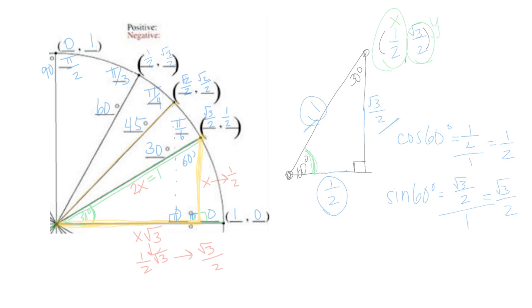Pretty cool. And that will actually happen every single time, because if you think about it, for all of these triangles, if the hypotenuse is 1, when you do cosine and when you do sine, the hypotenuse is always the denominator. So that opposite side, which is equivalent to the y-coordinate, is just what the sine equals, because that's over 1.